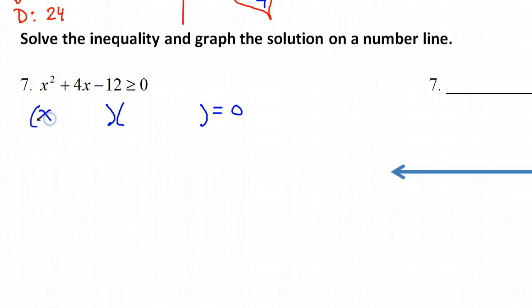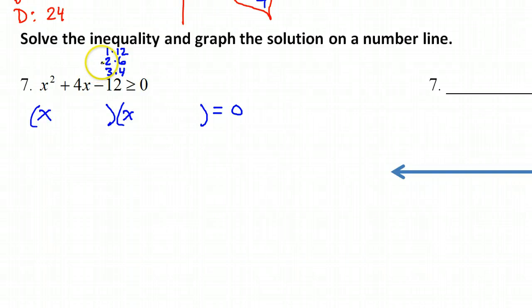So x squared is going to be x times x. 12 is either going to be 3 times 4, or 2 times 6, or 1 times 12. I'm going to look at the 4, because there's no number in the front, the leading coefficient is 1.